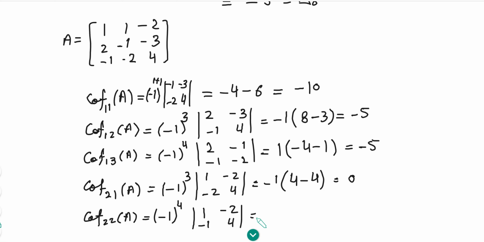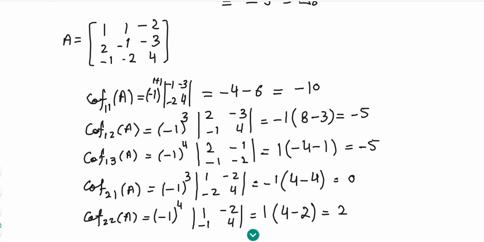So negative 1 power 4 is positive 1, and 4 times 1 is 4. Here we have a negative sign. Now negative 2 times negative 1 is positive 2. It will be over here, and this negative is because of the formula. So 4 minus 2, the answer is 2.